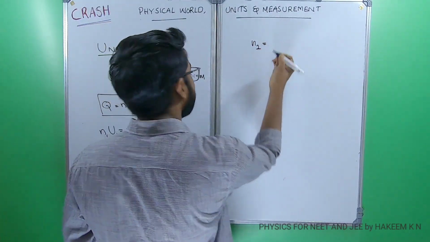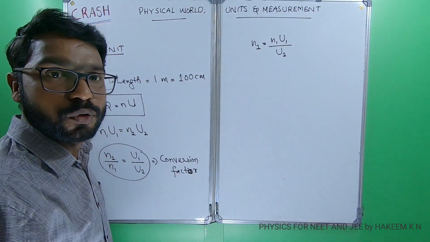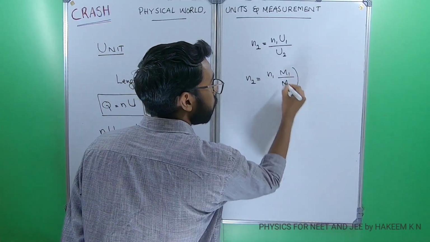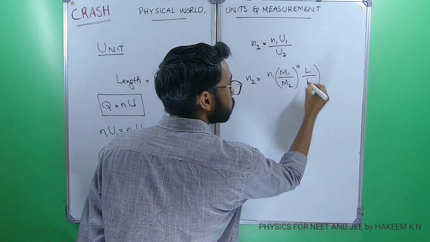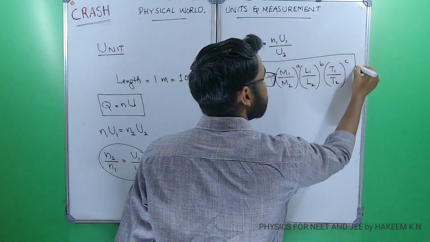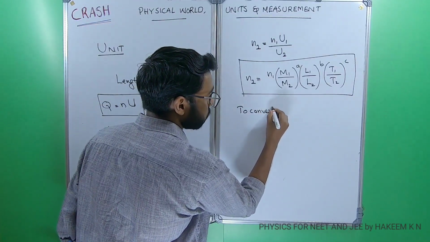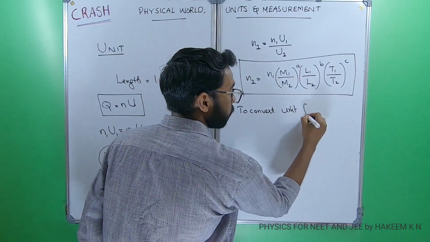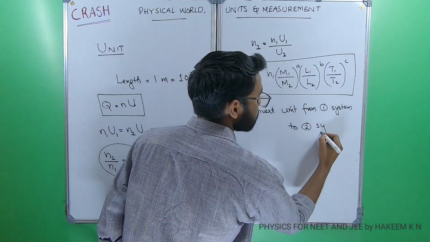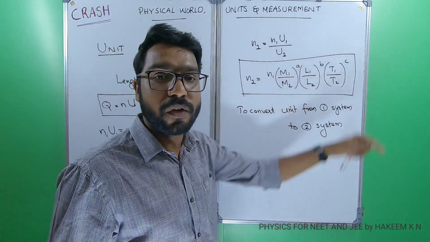So we can write n2 equal to n1 u1 by u2, or n2 equal to n1 into (M1 by M2) power a, (L1 by L2) power b, (T1 by T2) power c. This equation is used to convert units from one system to a second system.